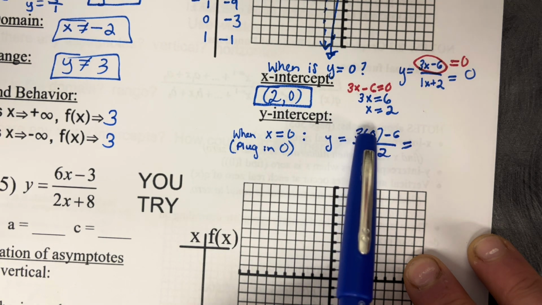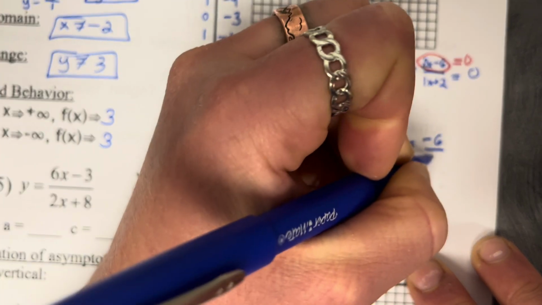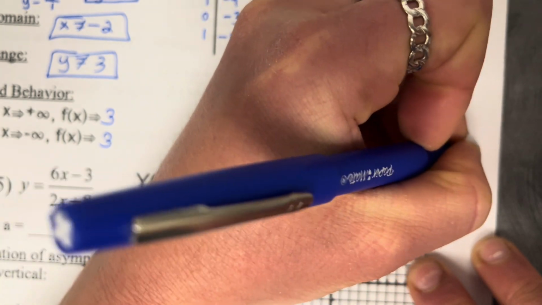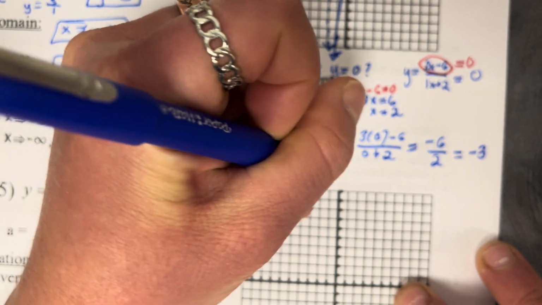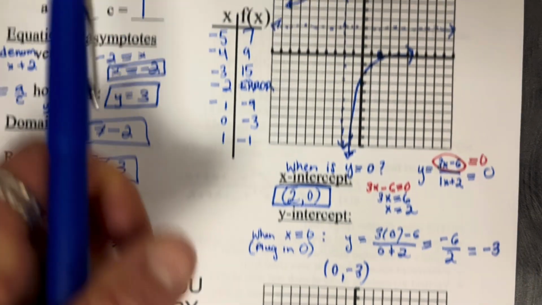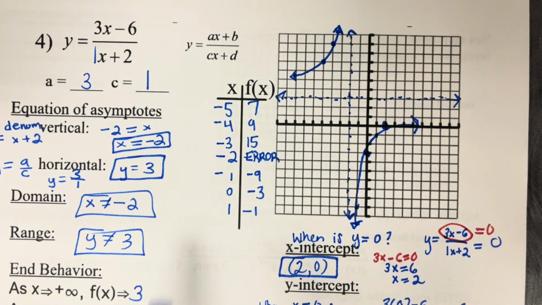So we get 3 times 0 minus 6 on top. That would be negative 6. 0 plus 2 on the bottom is 2. So that simplifies to negative 3. And our y-intercept is 0, negative 3. Put it on your graph, make sure it makes sense. 0, negative 3. Perfect. That is one of our points.